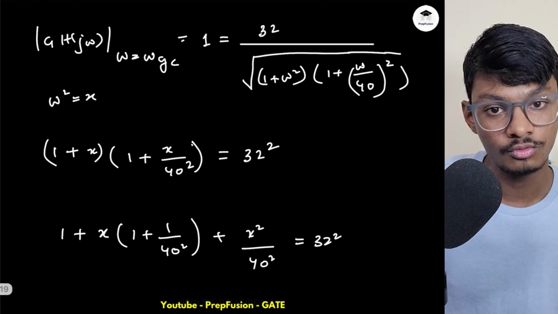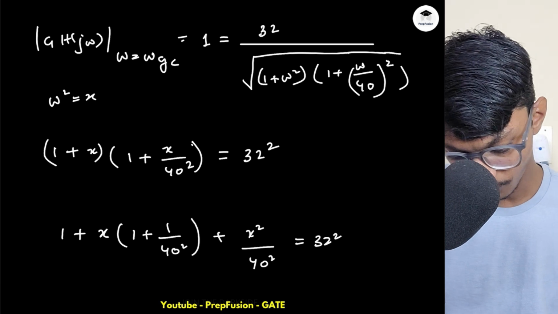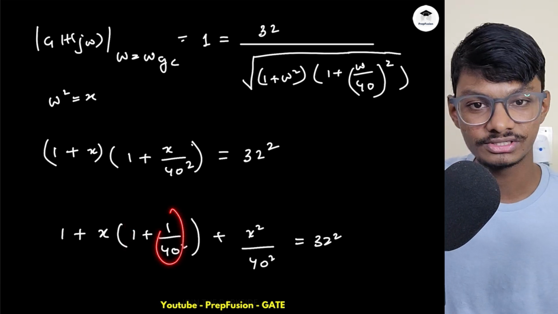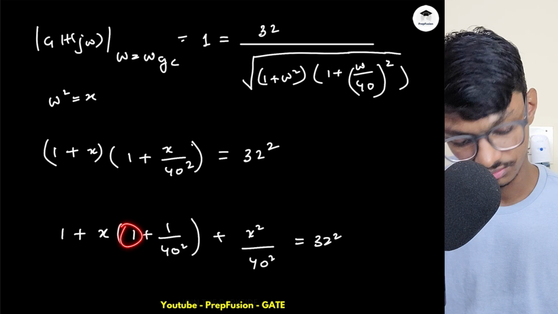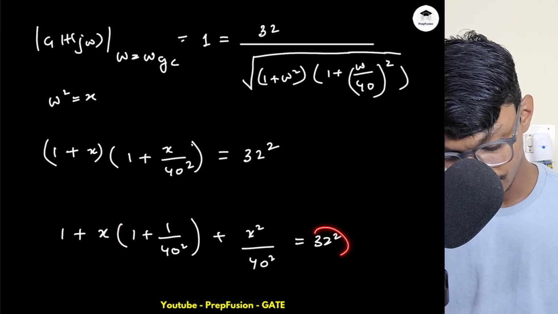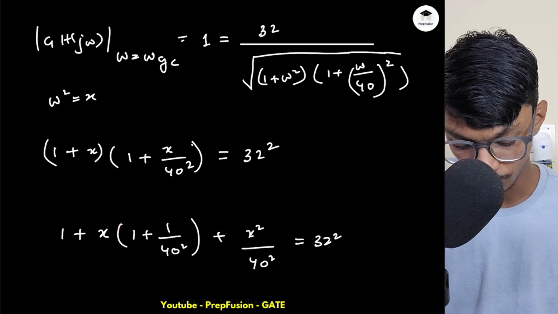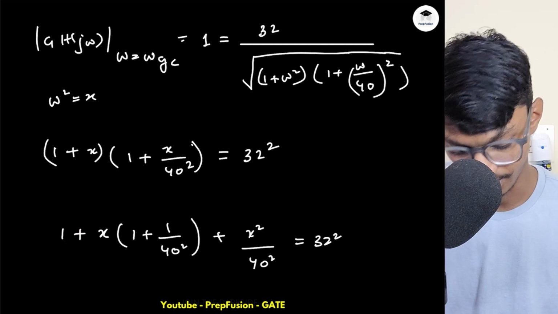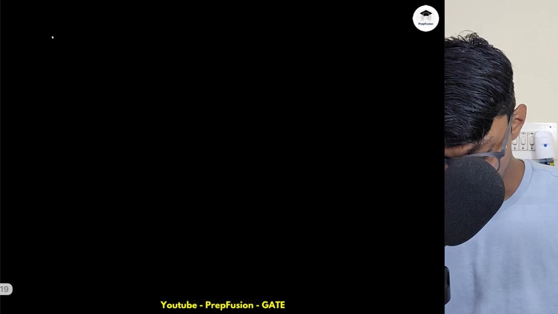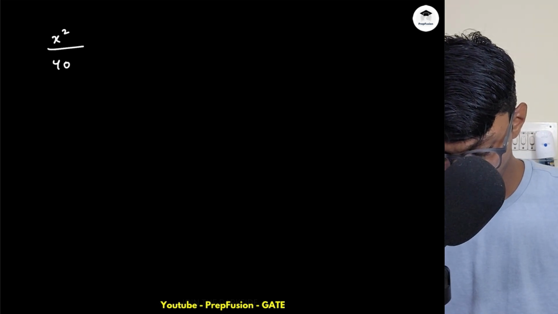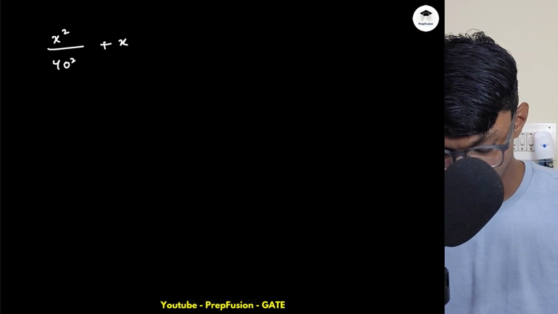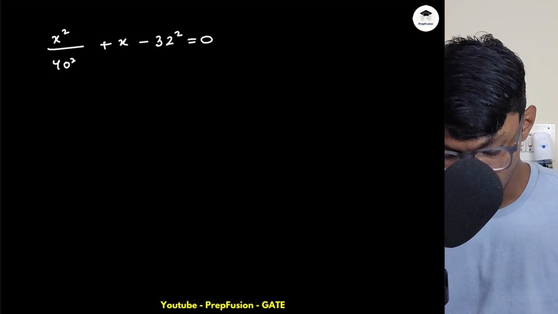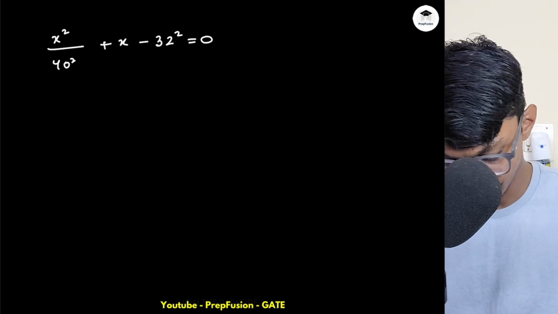So now you have to take approximations. This 1 plus 1 by 40 square, like 1 by 40 square is so low that it will be only 1 here, and if I subtract 1 from 32 square, it will be exactly equal to 32 square. 1 is insignificant, so I can ignore these things. So this equation will become x square by 40 square plus x minus 32 square equals to 0. Now obviously we'll use the Sridharacharya formula.